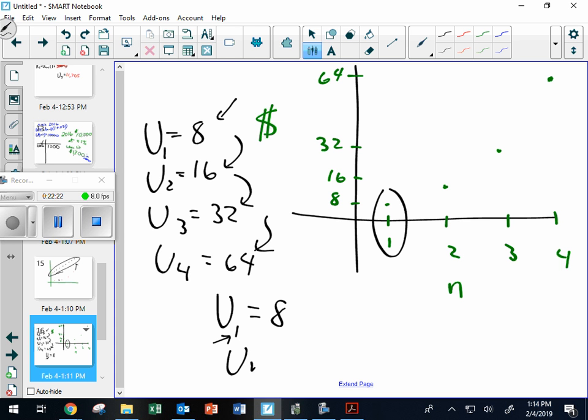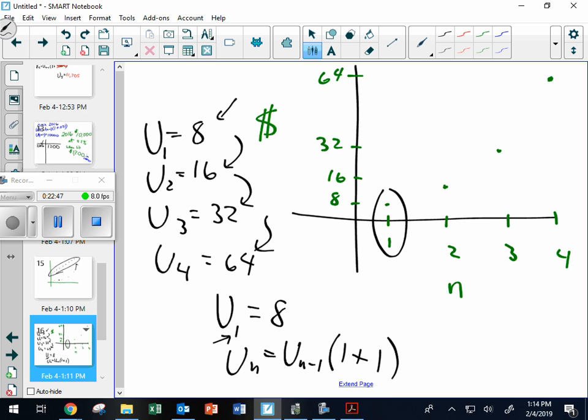Then u sub n equals u sub n minus 1 times 1 plus 1. What are you doing, Mr. Server? Can't you just times by 2? Yeah, but why did I write it as 1 plus 1? Because then when I ask you what the growth rate is, you won't say 2 or 200%, because this wasn't a growth rate of 200%.